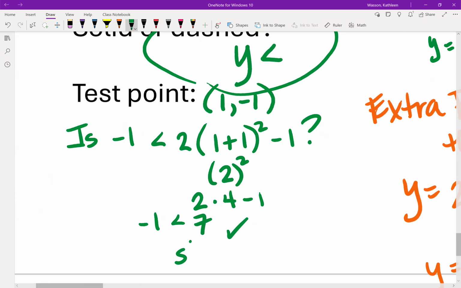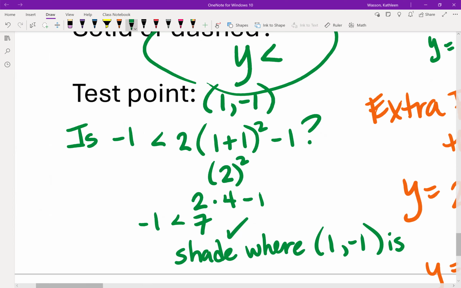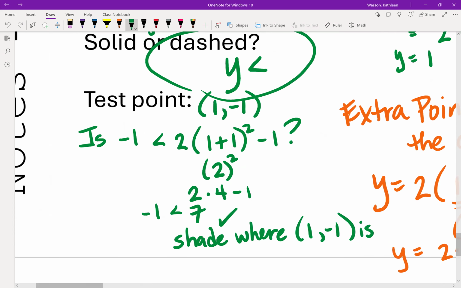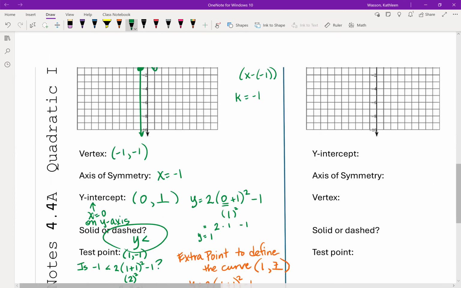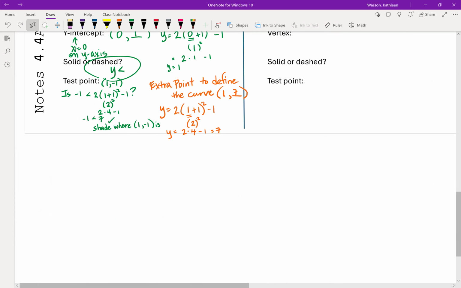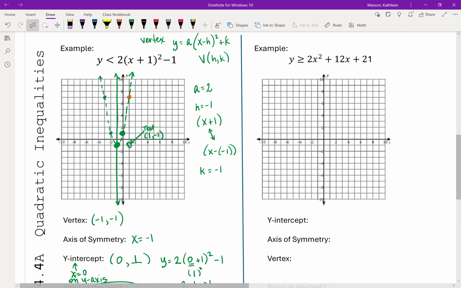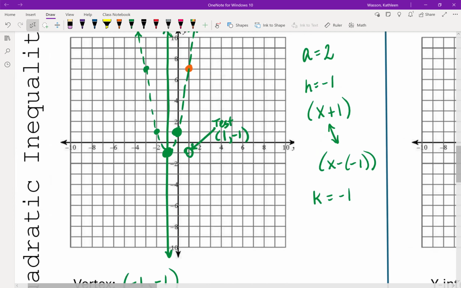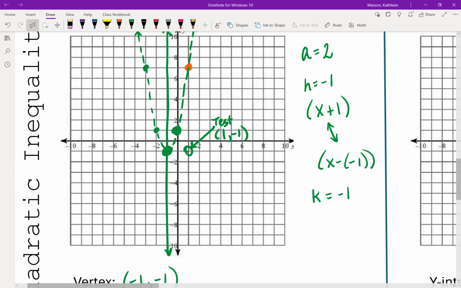So shade where negative 1 is. All right. My solutions are everywhere on the same side of the curve, which is the outside of the curve. Just a moment.